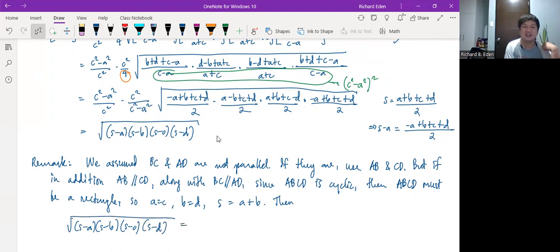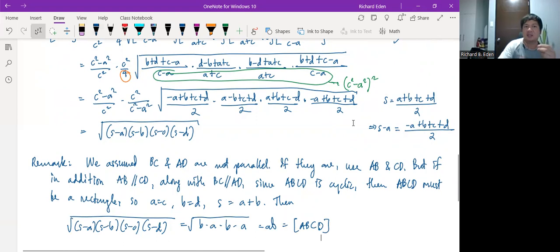S minus A is going to be B. S minus B is A. S minus C is S minus A, which is B. Then S minus D is S minus B, which is A. And then this is AB, which is clearly the area of ABCD. You're just taking the product of two consecutive sides, which is what we do with the area of a rectangle anyway. Okie dokie. So, yay!